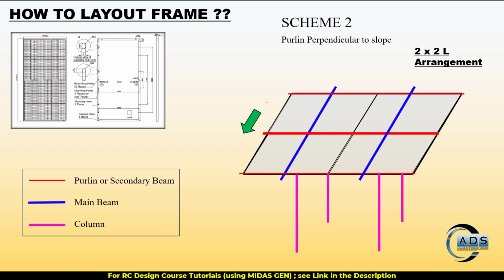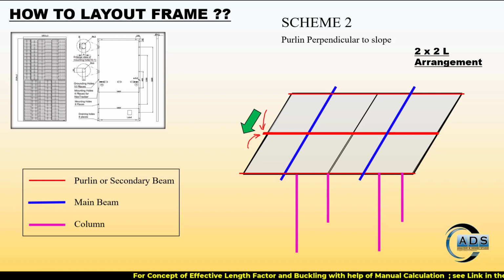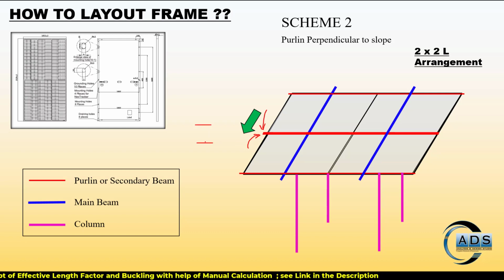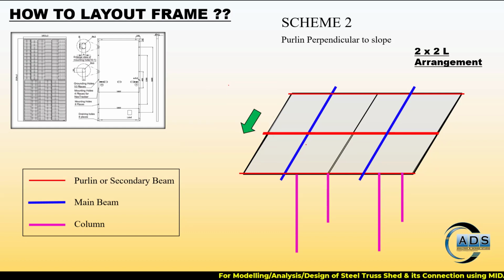Now the disadvantage of this scheme 2 is that these two purlins are very close to each other, because as we have discussed that for the joint load calculations we will be considering these joints as single, but there is a separation between these two joints, so these two holes, so it is necessary to run separate purlins for separate holes and they are very close to each other, so it is economically not good. So scheme 1 is good economically.